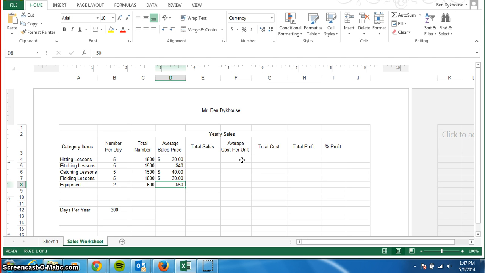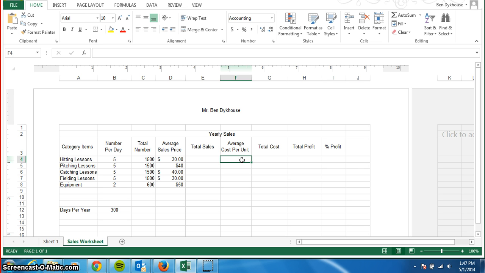So this is what it costs you to sell it. So it's the price of production or the price of employment. Like for me, if I'm going to be giving hitting lessons and it's not going to be me giving them, I'm going to have to pay somebody.